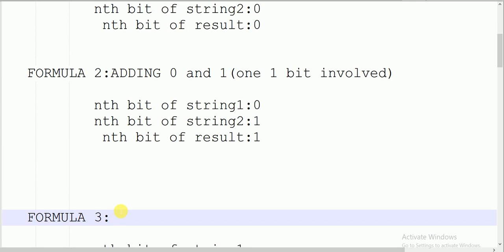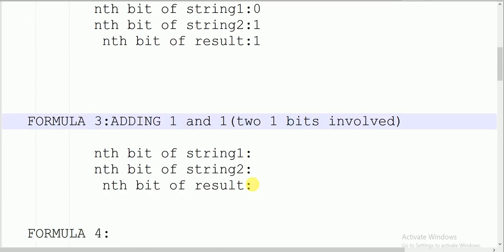Fair enough. Now the third formula is 1 and 1. You have to add 1 and 1 from the corresponding bits. So there are two 1 bits involved here. So nth bit of string 1 is 1, nth bit of string 2 is 1.